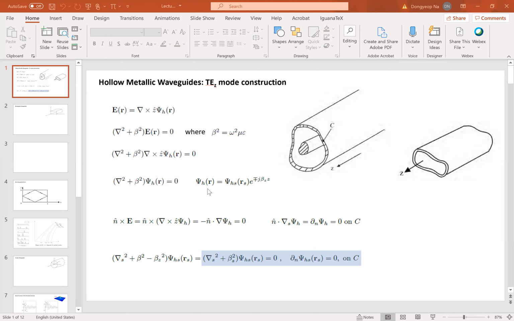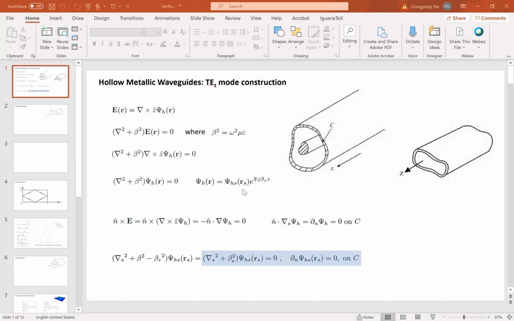We're going to do so-called separation of variables, which is widely used to solve partial differential equations. The contribution of z is just the exponential function describing the traveling wave.